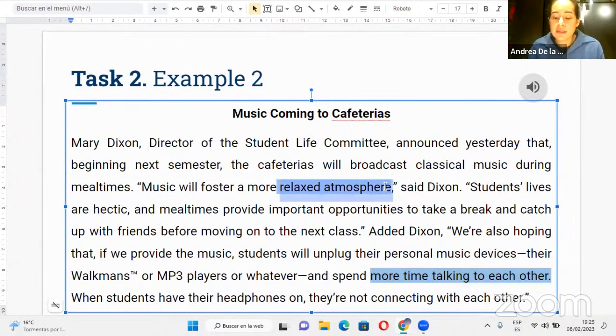The first reason the student gives is that students don't really want to relax. The students don't want to use this time to relax, but instead, sometimes they want to complete assignments, they want to study for their exams, and they're just going to get distracted with the music. Instead of relaxing, they will just get distracted. And the second reason, what is the relationship between the second reason and what the university says?